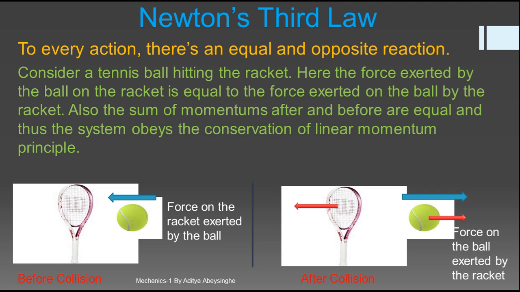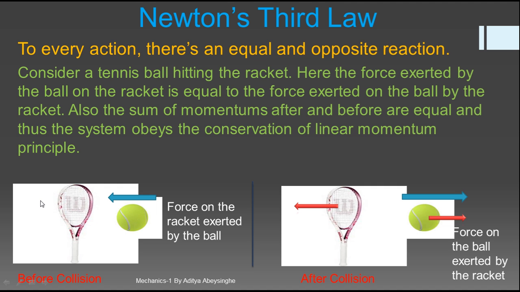So the final law of Newton's laws of motion is Newton's third law. It is something like this. Say that you have a tennis racket. When the ball travels up to this, when you are playing tennis, you can experience this. When the ball reaches the racket, the ball exerts some force on it.